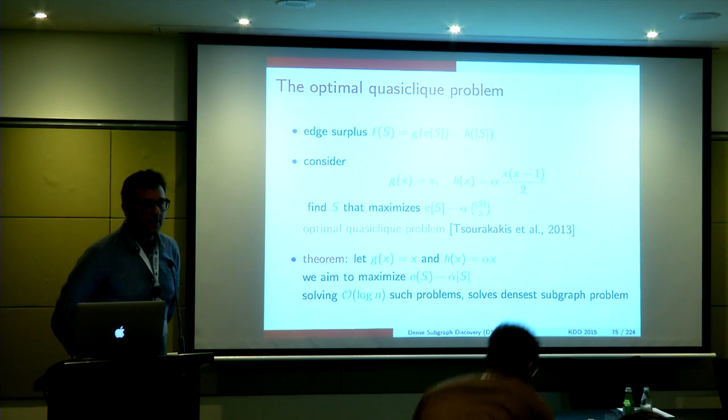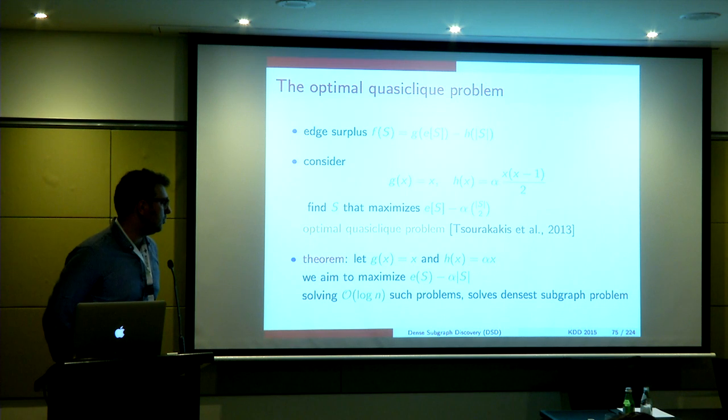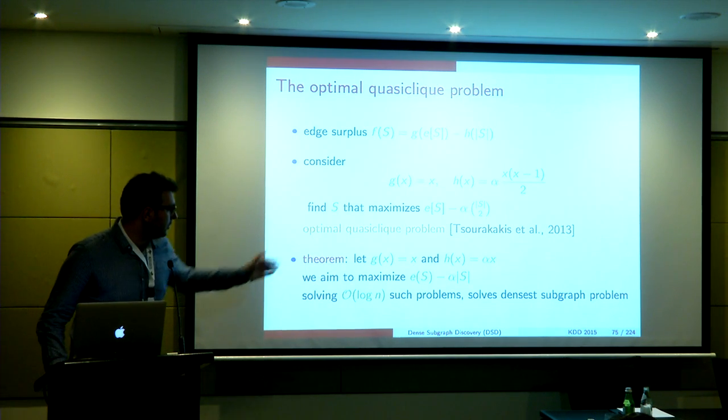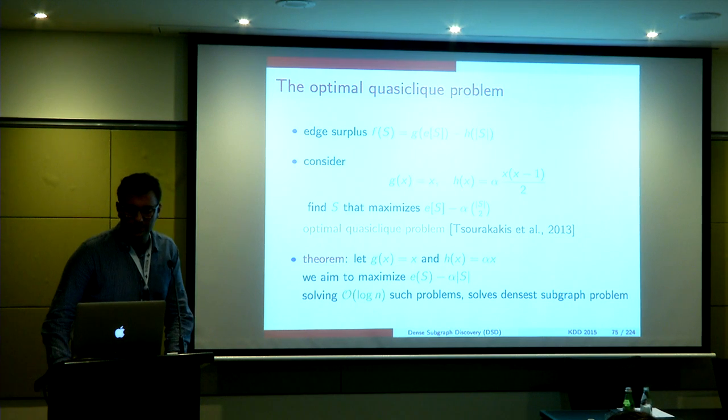So the densest subgraph problem can be formalized in two ways using this framework, and you can solve it using log n binary search queries instead of trying out the polynomial number of choices for alpha.